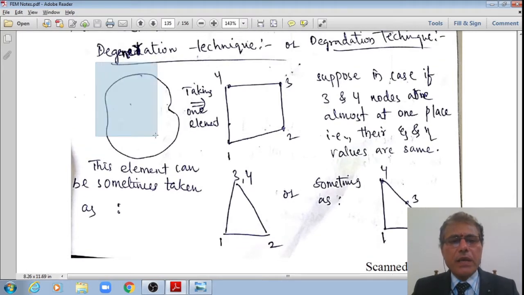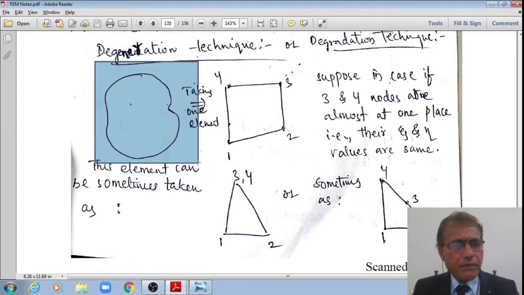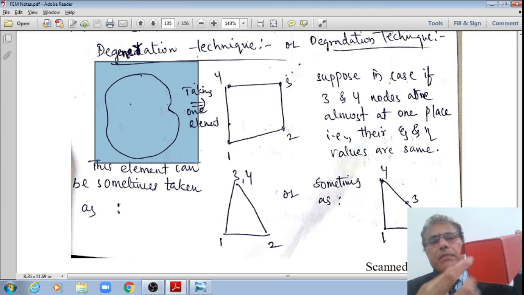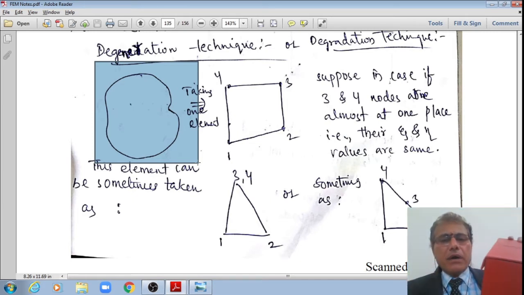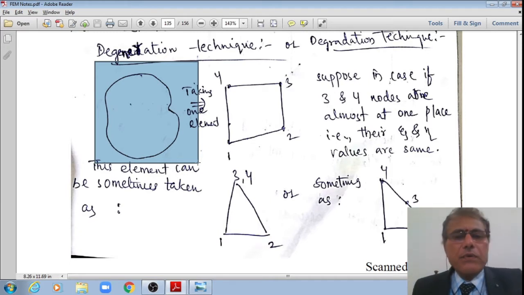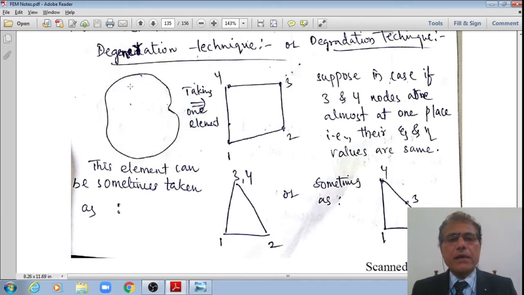Now I'll take a 2D body, which is a random body like this, of any shape. Now I'm just showing a square, right? Or any shape, out of which I want to discretize that entire continuum into n number of elements.